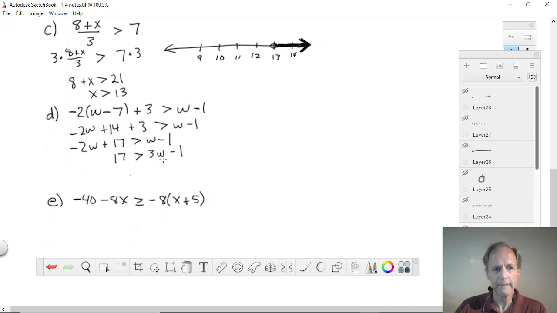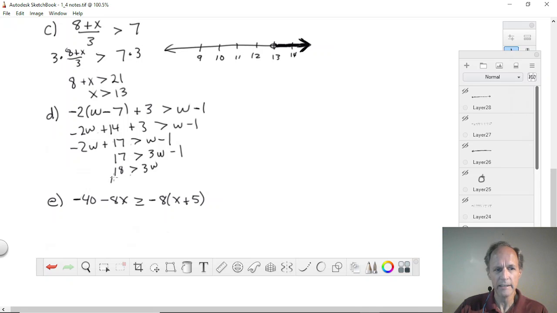Okay, then we'll go ahead and add 1 to both sides to get that, so that we'll have 3w by itself. So that gives us 18 is greater than 3w. Divide both sides by 3.